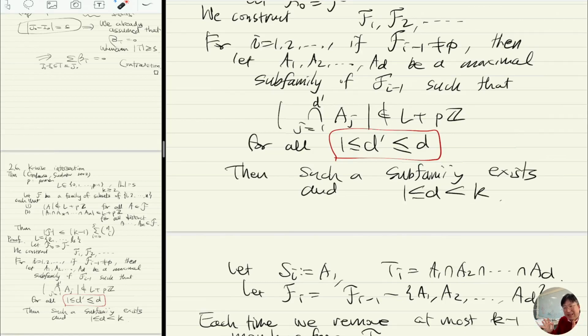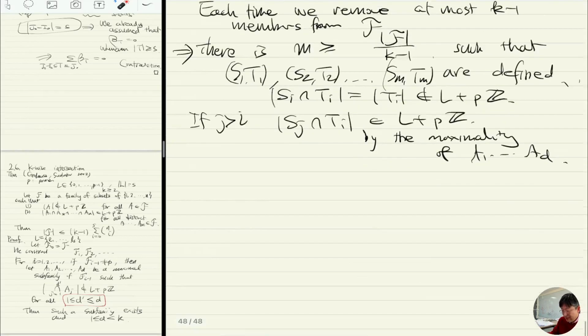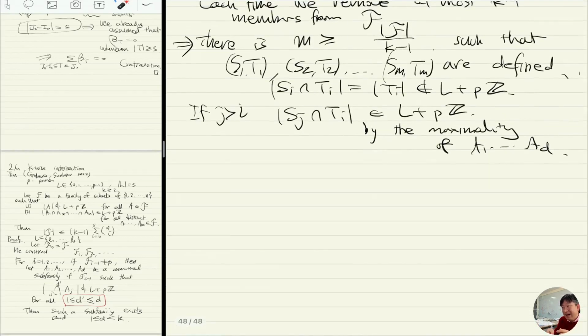All these numbers are not in L plus pZ. So if I try to add the last element, then the only condition that is violated is the last condition. There are no other subsets. So this implies that the intersection of A1, A2, up to Ad, and then the last step, Sj, is in L plus pZ.